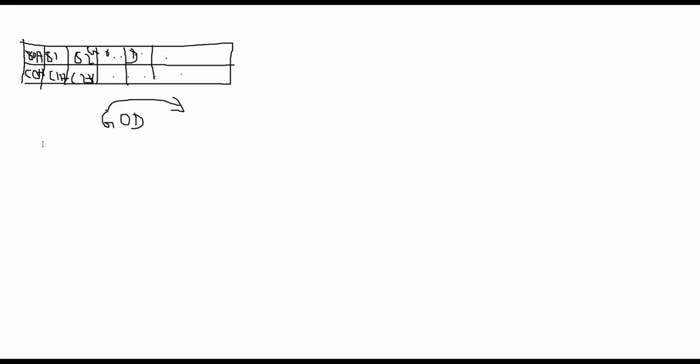I'll write it here also. The ASCII value of G should be sent to 82H. The cursor will be automatically incremented by 1. No need to send the ASCII value of O to 83.